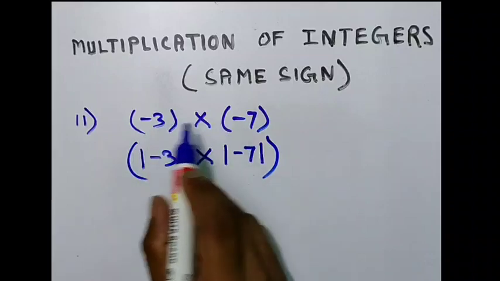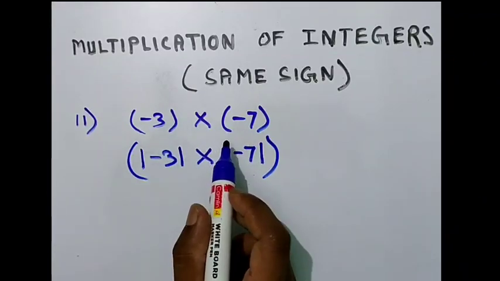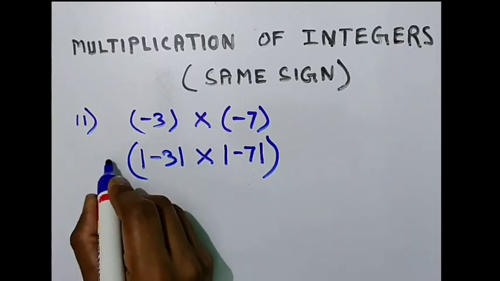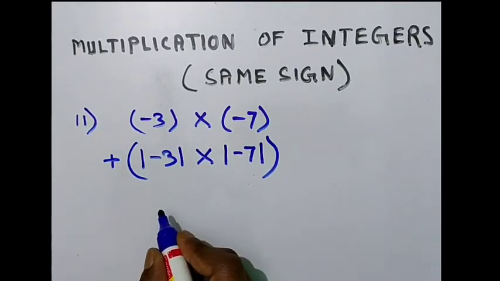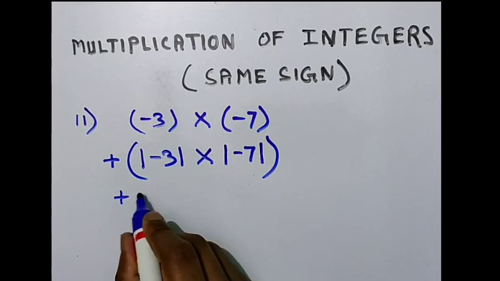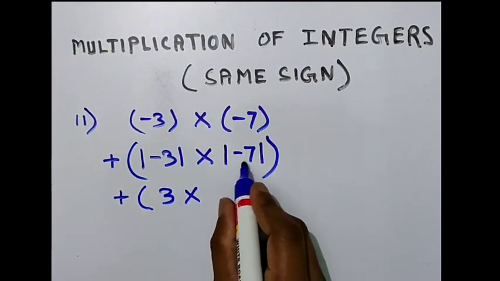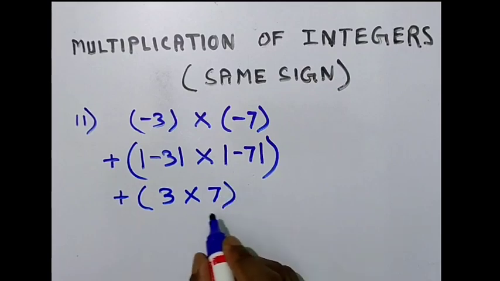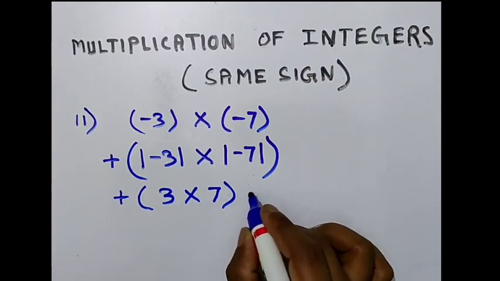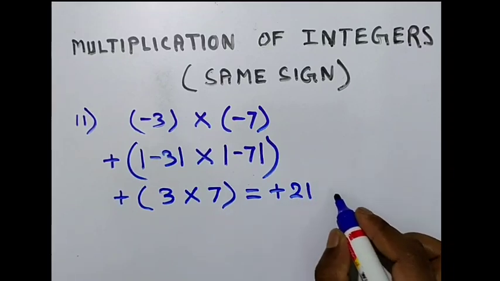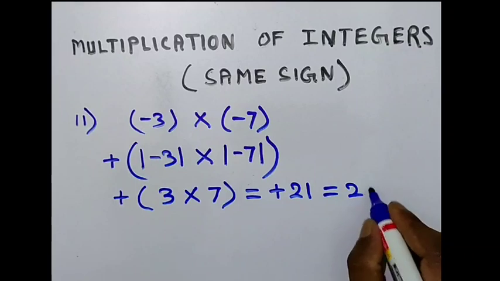And what is the sign that will be common when we multiply two integers of the same sign? The result is a positive integer, so we'll put a positive sign. And then absolute value of negative 3 is 3, absolute value of negative 7 is 7. 7 times 3 is 21, so it is plus 21, a positive 21, which will result in 21.